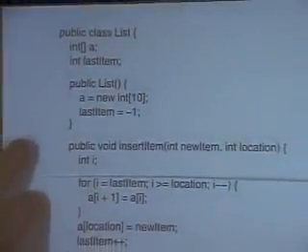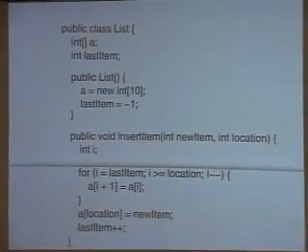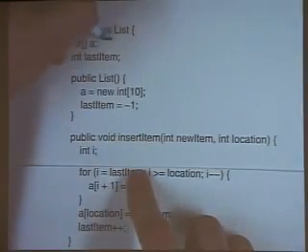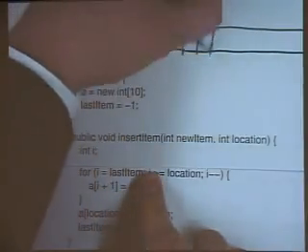So here it is. Here's my list class. What does my list class consist of? Well, there's a reference called A, which I can use to reference an array. Maybe we'll start off with room for 10 ints.